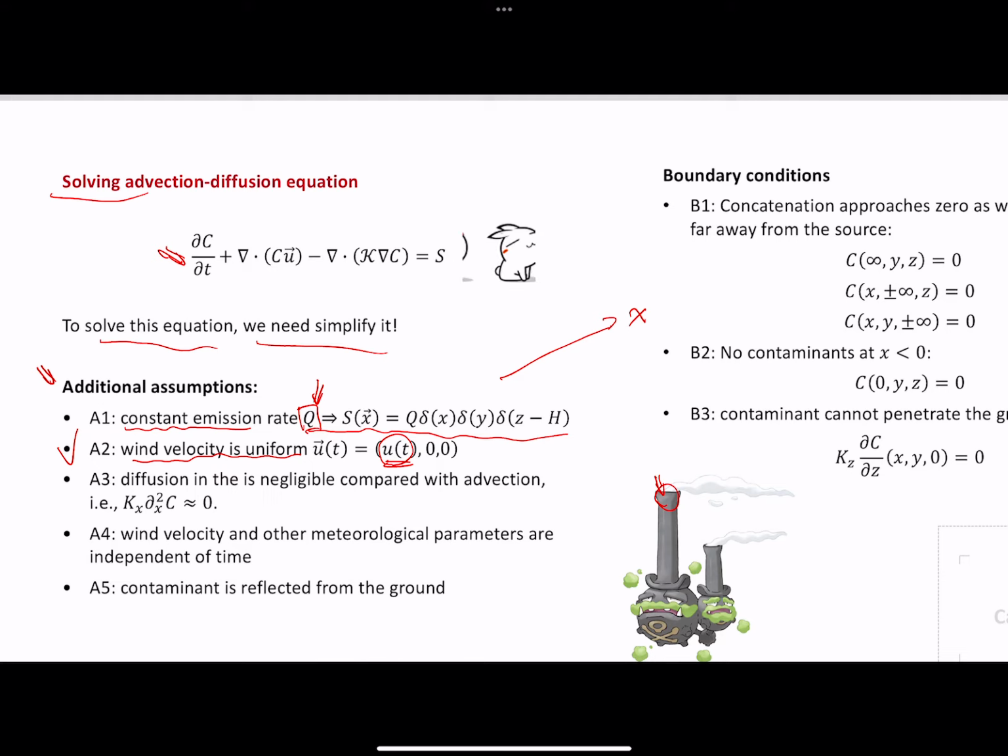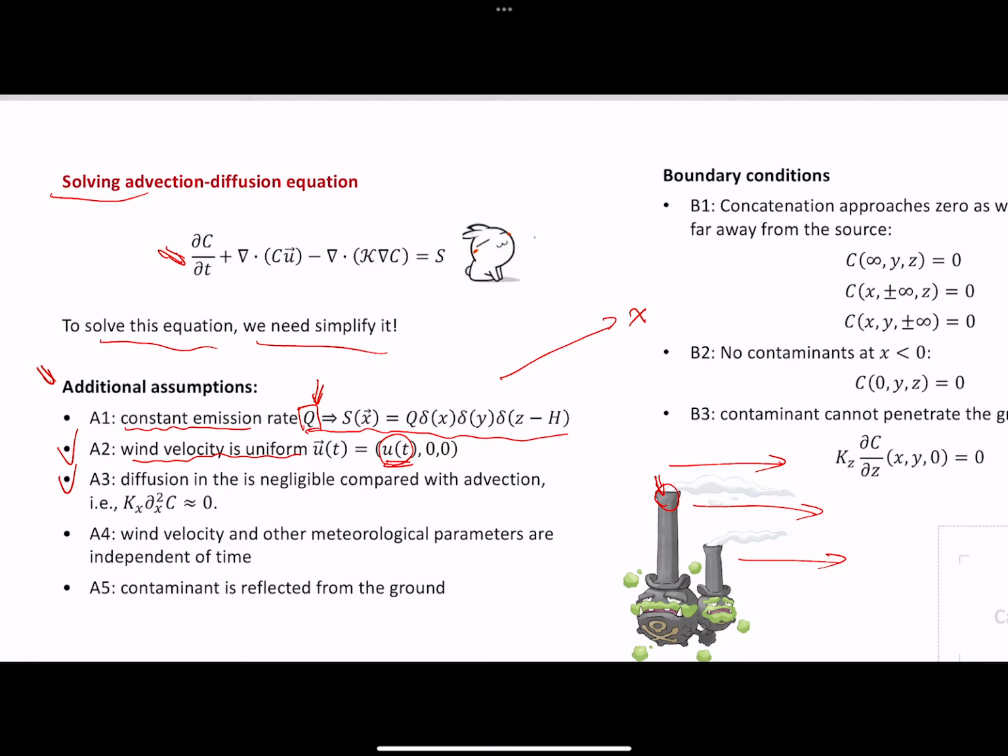Basically it means that over the space, the wind has the same direction and the same magnitude of wind speed. And the third one is diffusion is negligible compared with advection.